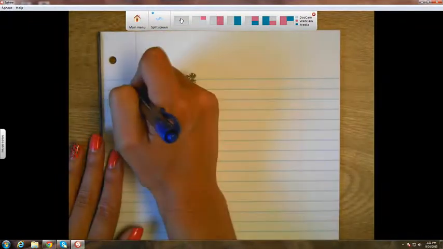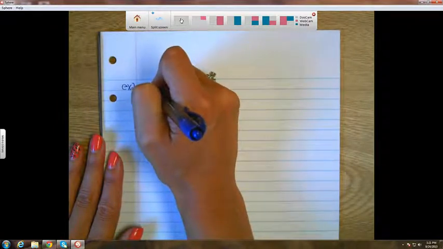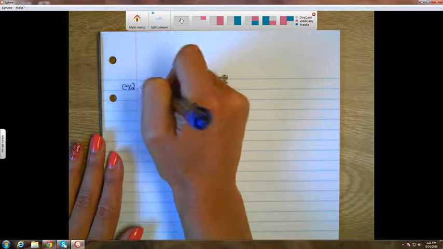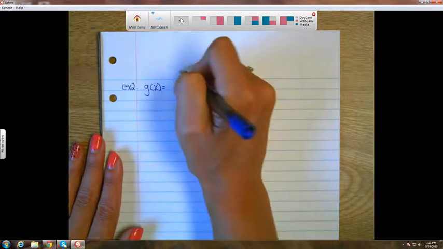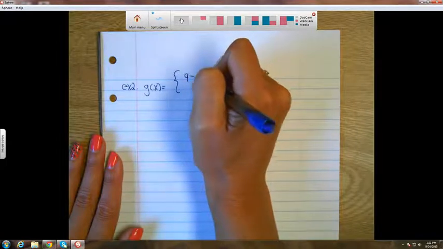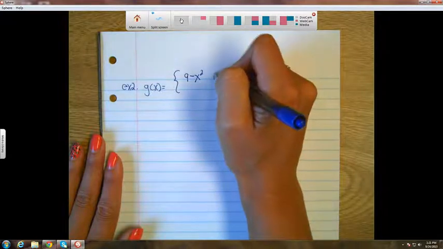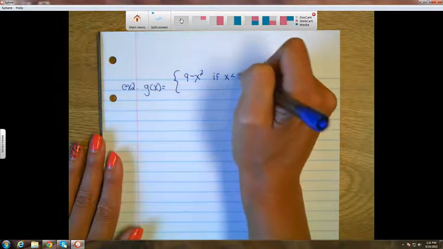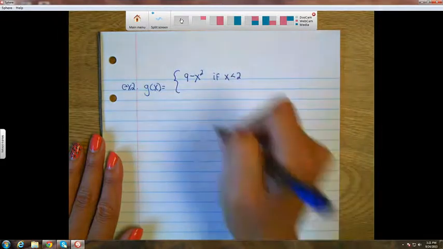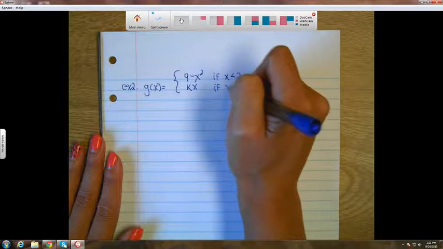I'm going to give you another piecewise function. Let's see. G of x equals 9 minus x squared if x is less than 2, and g of x equals some k times x if x is greater than or equal to 2.